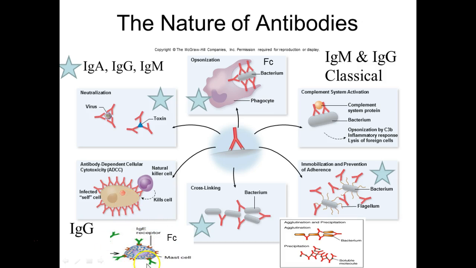The other class of antibody that we haven't talked about much yet is IgE. And IgE will attach to mast cells in our tissues, and of course the cell is holding on to it by the Fc portion. So the antigen binding portions, the arms, are sticking out, right?